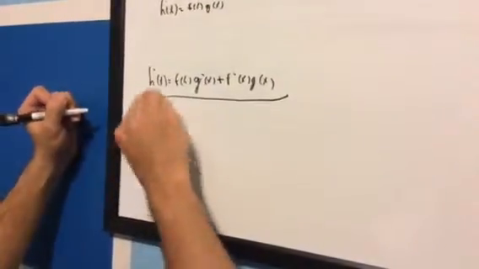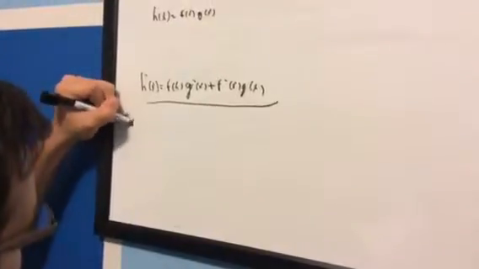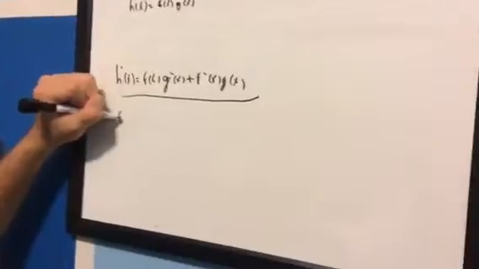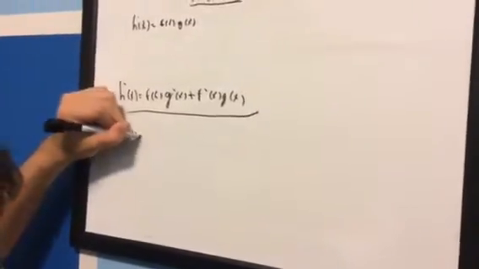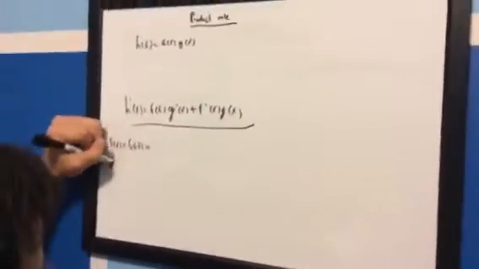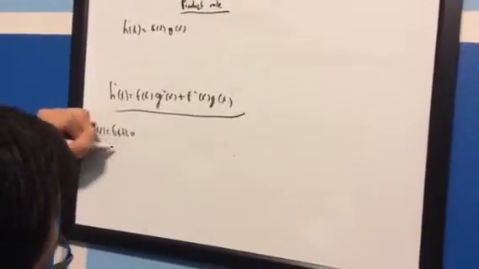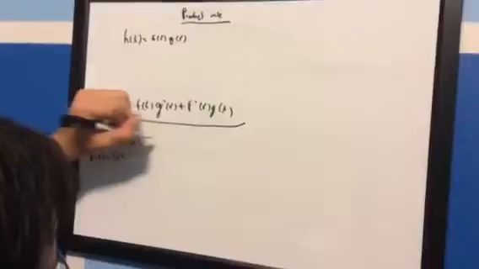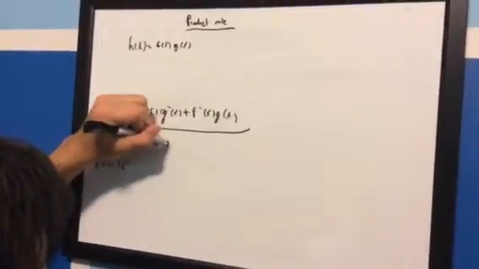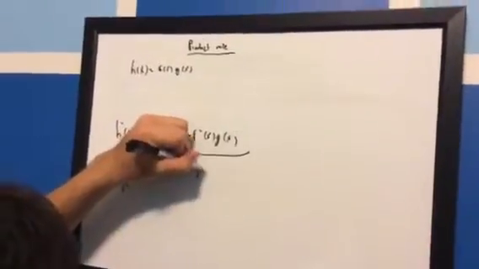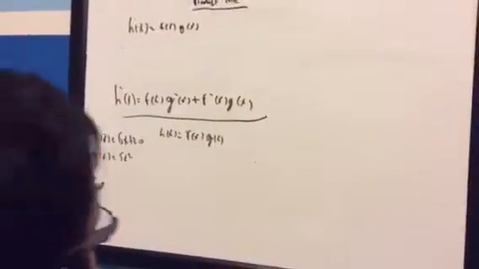Okay, so let's say that f of x is equal to 6x plus 20 and g of x is equal to 5x squared and h of x is equal to f of x times g of x. And we are solving for the derivative of h of x.